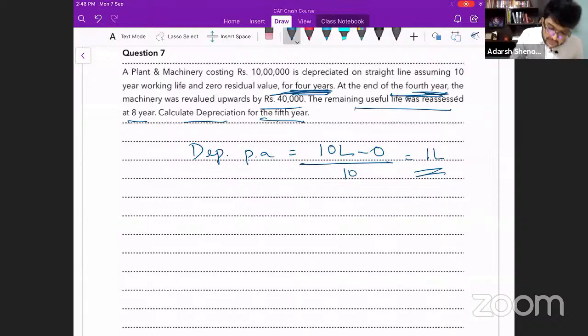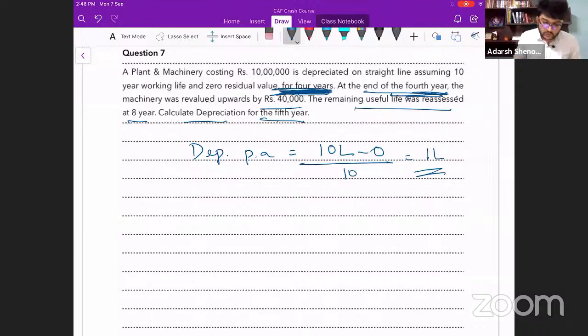They have said that they have charged depreciation for 4 years at old values only. Although the revaluation is given at the end of the 4th year, this is after charging depreciation because they have clearly mentioned that it is for 4 years.